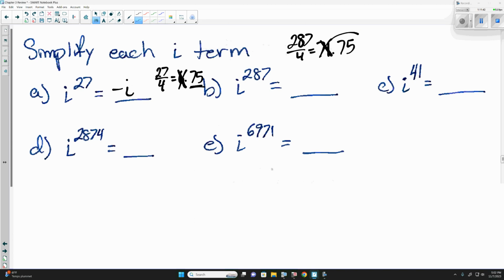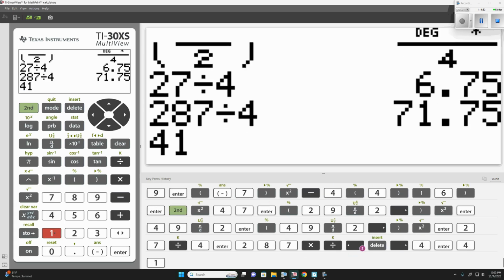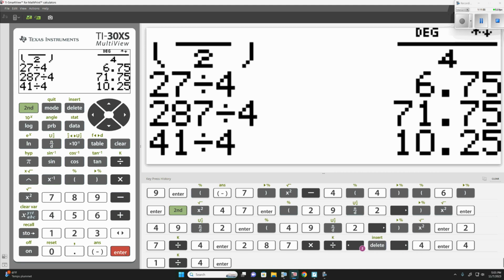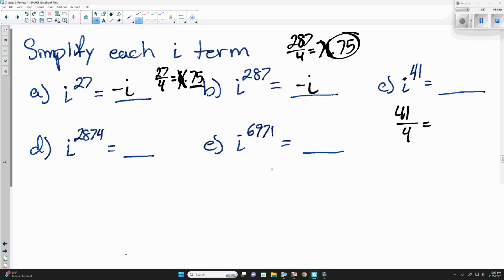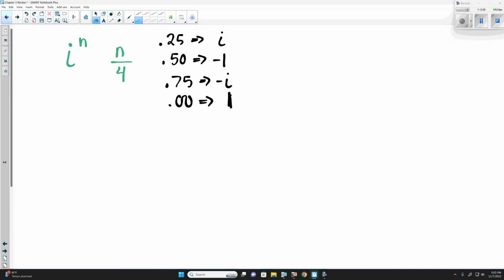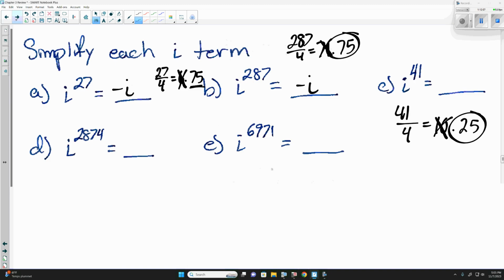Not caring about this 71, the 0.75, just like the last one, will reduce to negative i. i to the 41st, we can divide it by 4. 41 divided by 4 is 10.25. And again, we're not caring about the 10. I focus on the 0.25. 0.25 reduces to i, telling me that this is i.